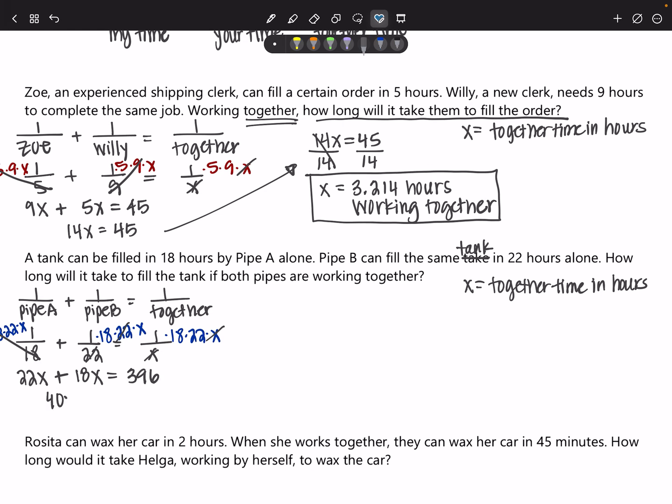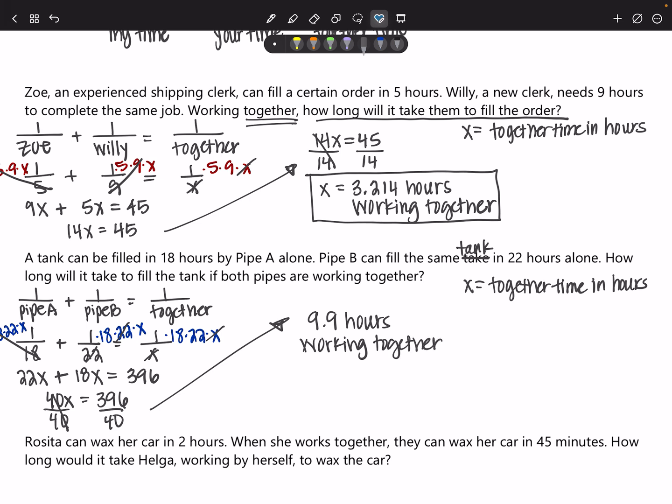Now that's 40X equals 396. I'm going to divide both sides by 40. And 396 divided by 40 is 9.9 hours working together. And there we go.